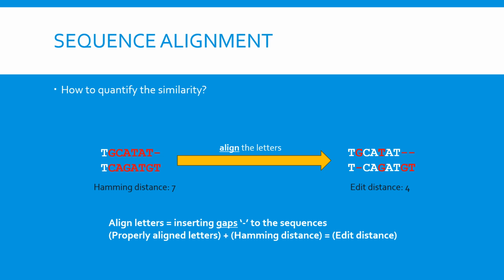However, a key limitation of the Hamming distance is that it can overestimate the difference if the sequences are not properly aligned. For instance, by aligning the sequences better, as shown in the right-hand side of the arrow, the number of mismatched letters is reduced to 4.